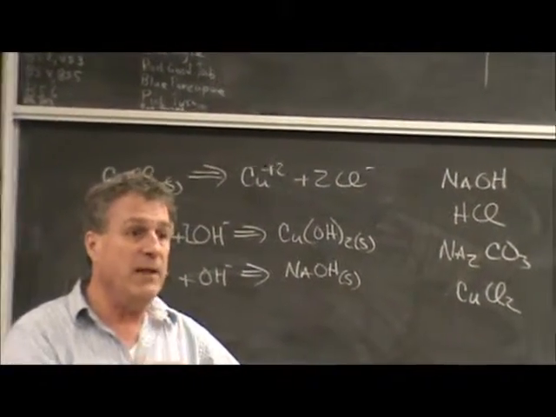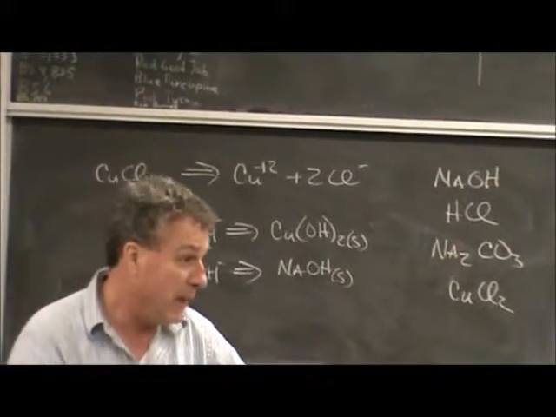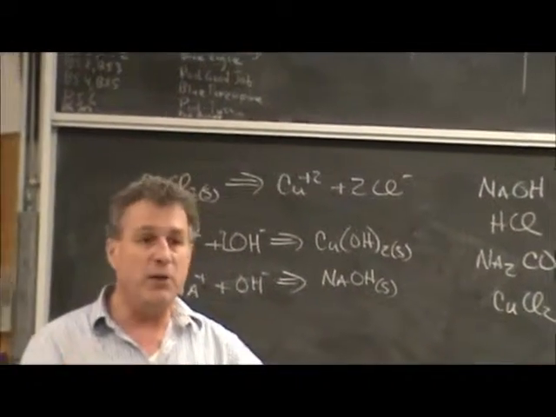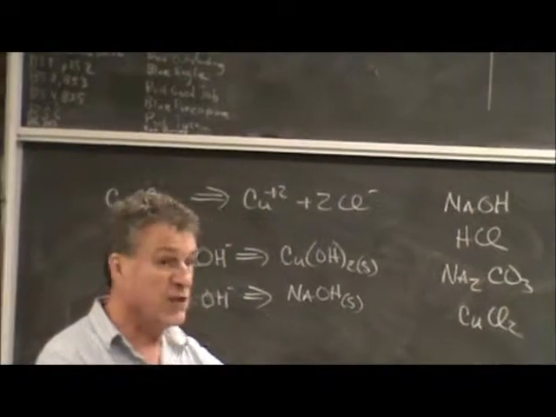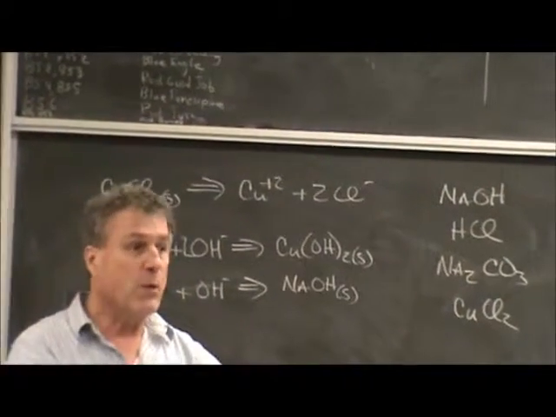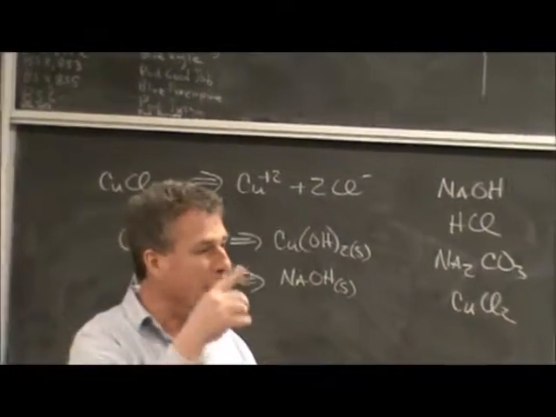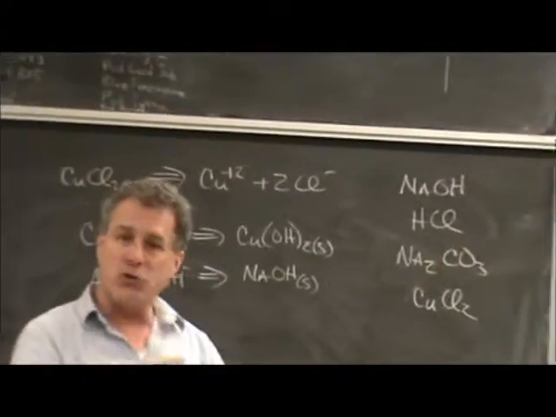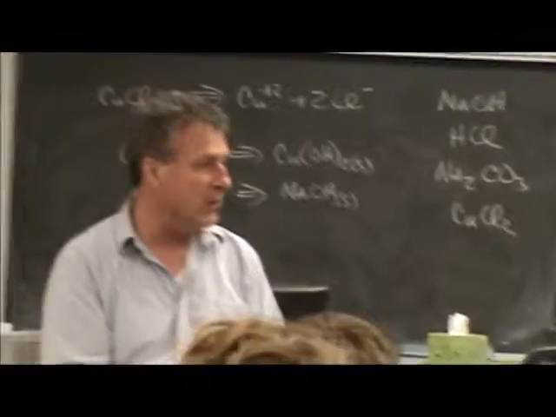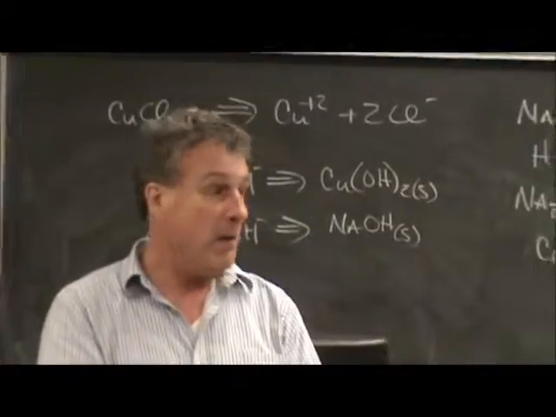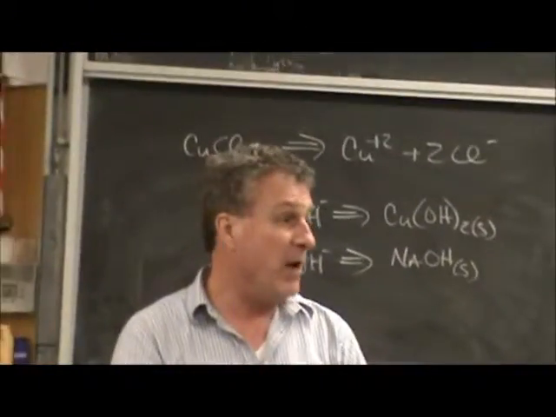Any positive ion can be an electron pair acceptor. So any positive ion could be a Lewis acid. That's our definition. The question is, how good are they at doing that? A way we can judge how strong a positive ion is as a Lewis acid is by how much it attracts hydroxide ions.